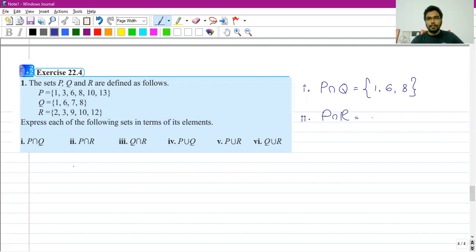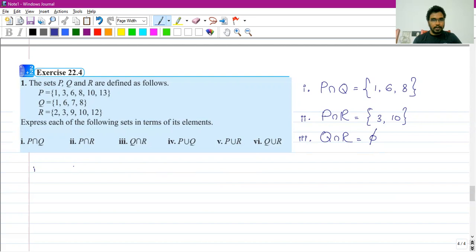Next, the third part, Q intersection R. Q and R are these two sets. You can see there are no common elements, so it is a null set. So there are no common elements for Q and R.